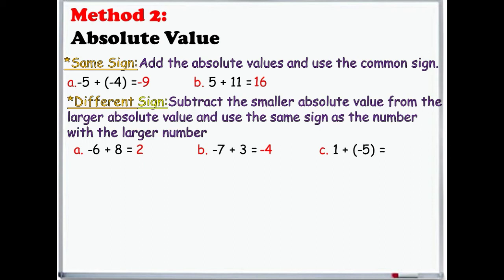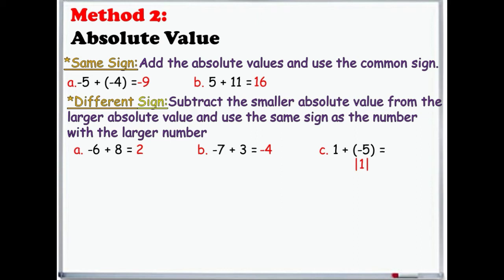Dito, mayroong malaking absolute value si negative 7, kaya ang sagot ay negative. At nag-minus tayo ng 3 kay 7, kaya we have 4. So, our answer here is negative 4. For letter C, we have, ang may maliit na absolute value ay 1.